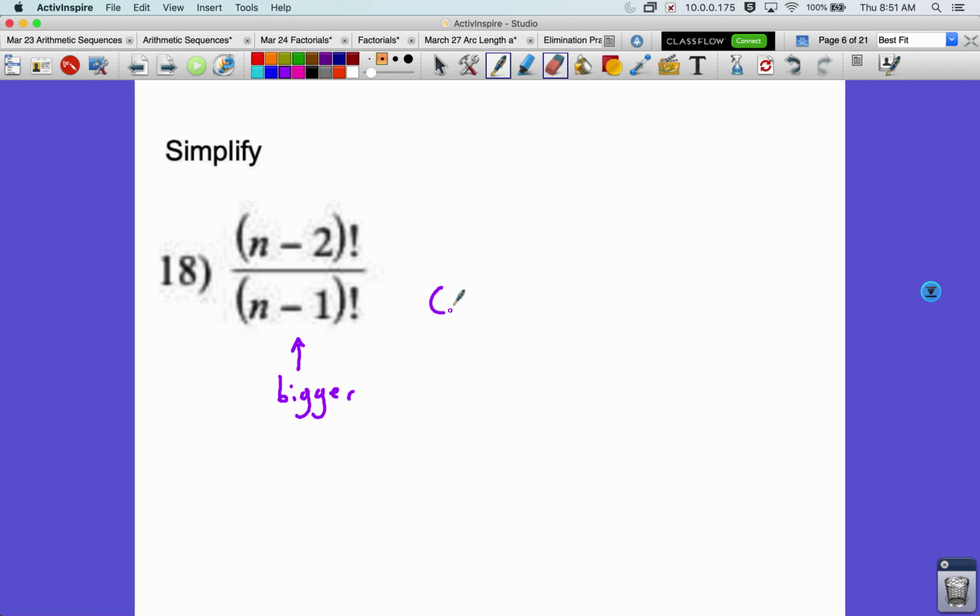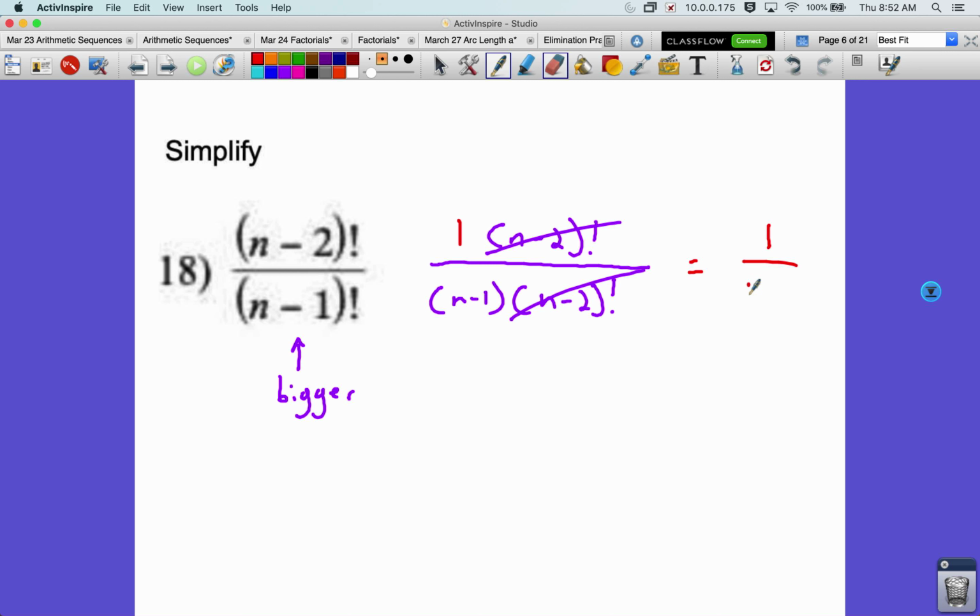We want to rewrite that n minus 1, then subtract 1, and we get n minus 2 factorial. So we backed it up 1 by subtracting 1, and the factorial moves to the end. All right, now the n minus 2 factorial can cancel. I have to leave something behind on the top, so I leave a 1 behind on the top, and this simplifies to 1 over n minus 1 every time.